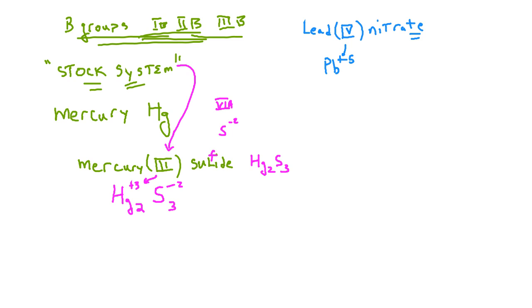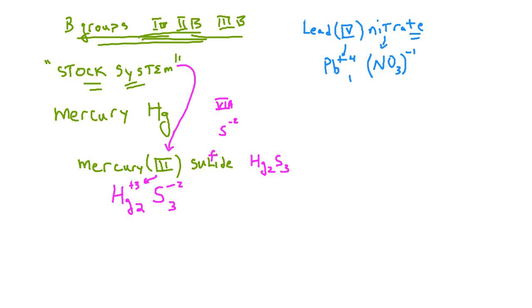Nitrate, if we look a couple of slides back, is the polyatomic ion NO3, but it only needs 1 electron. But lead(IV) is trying to give 4 electrons. So if I take 1 lead atom giving 4 electrons, then I need 4 nitrate ions because each one takes 1 electron.